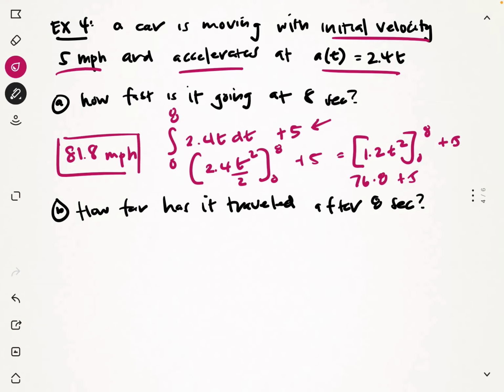Okay, so the second part is how far it traveled after 8 seconds. So we're going to stick with this version of our derivative, because that represents our velocity. And we know if we want to go from velocity to position, we're just going to take our 1.2 t squared and do the integral of that.